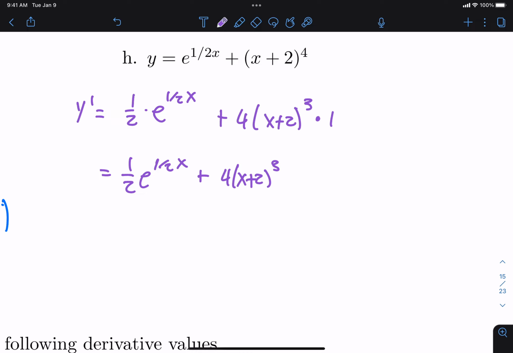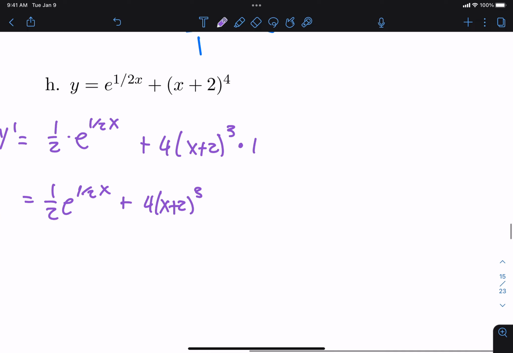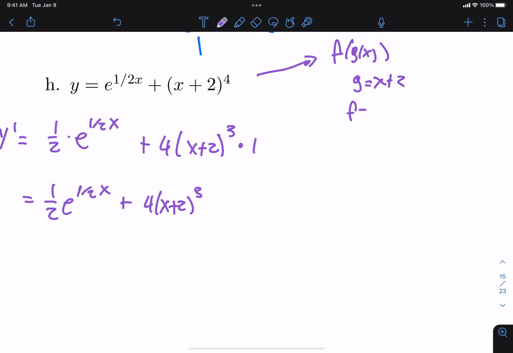Okay? So what's really under the hood here is I'm recognizing that this is f of g of x, where g is x plus 2, f is z to the 4th, f prime is 4z cubed, and g prime is 1. And then I'm doing f prime of g of x times g prime of x.